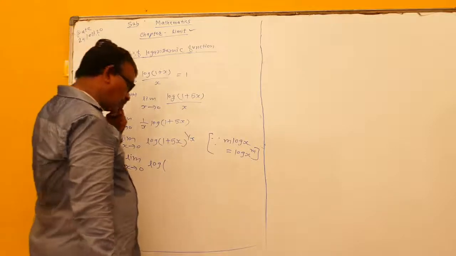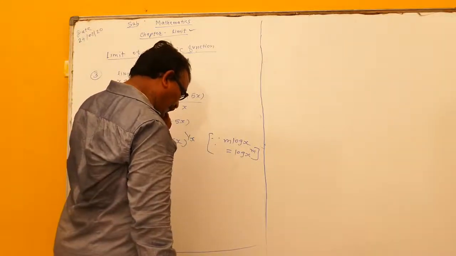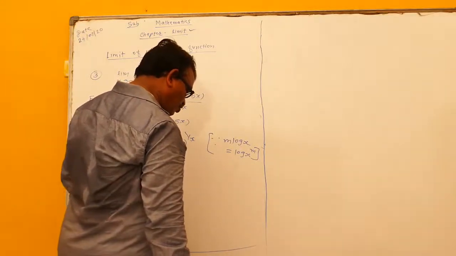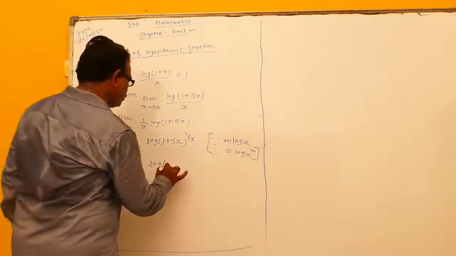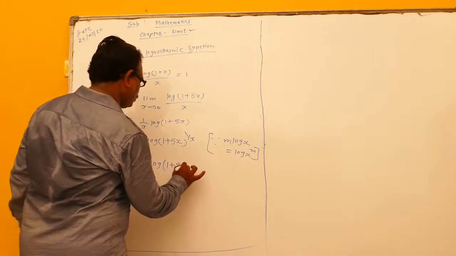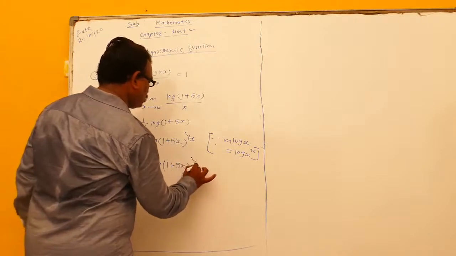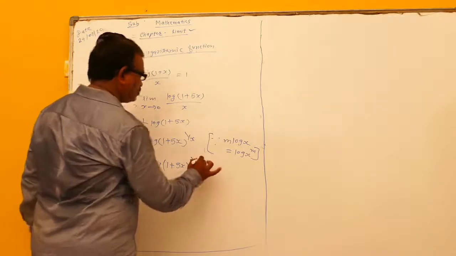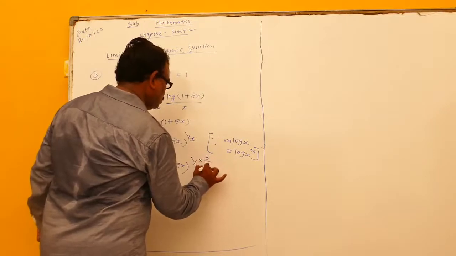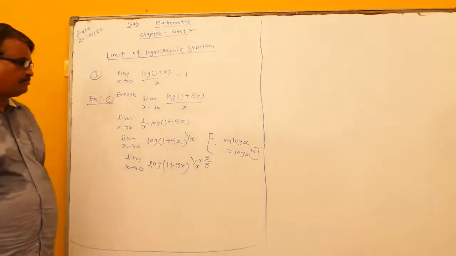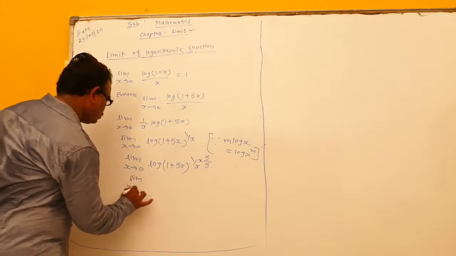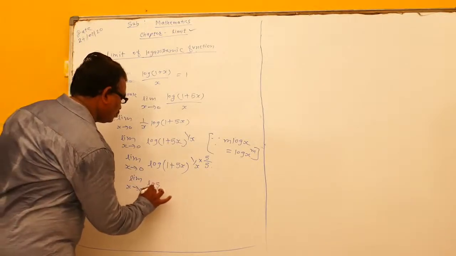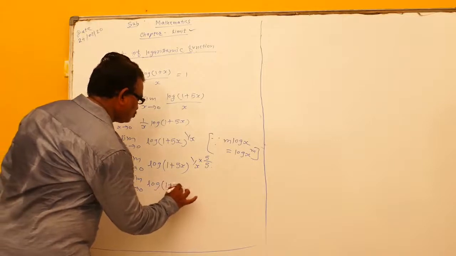Therefore log of 1 plus 5x, multiply and divide by 5. Therefore limit of x tends to 0, log of 1 plus 5x.